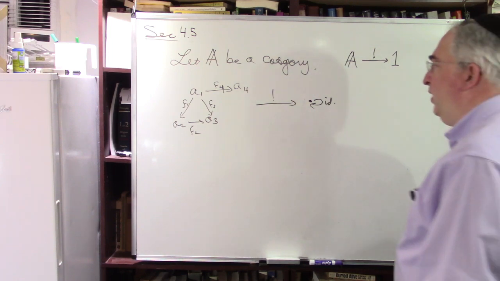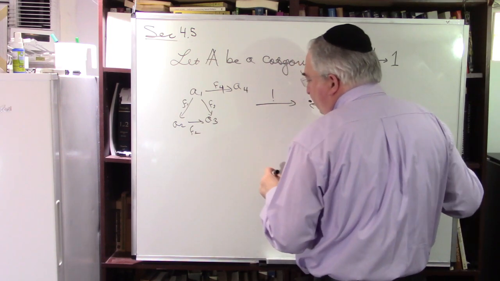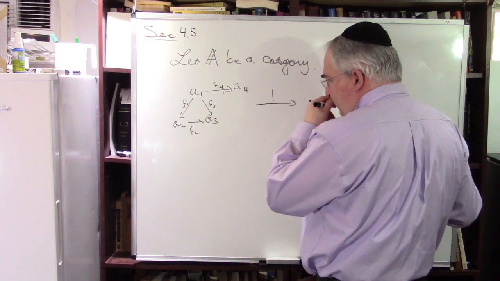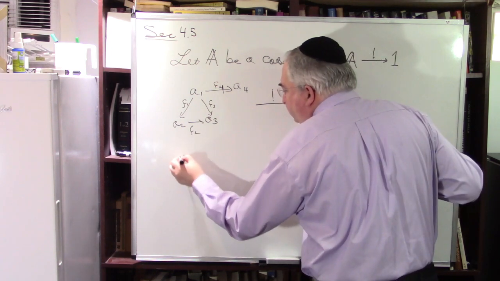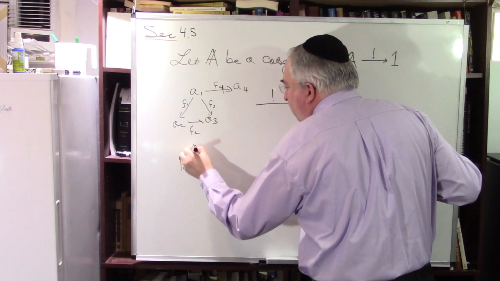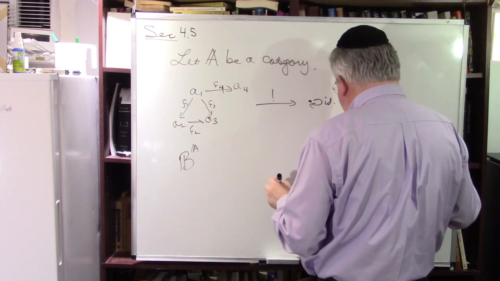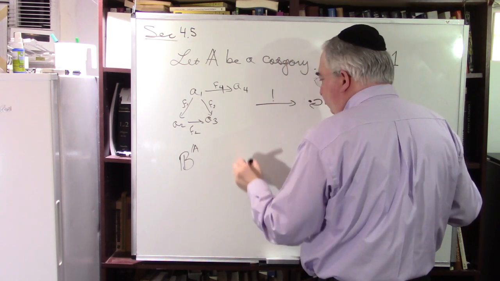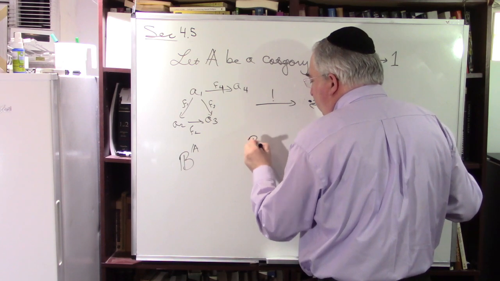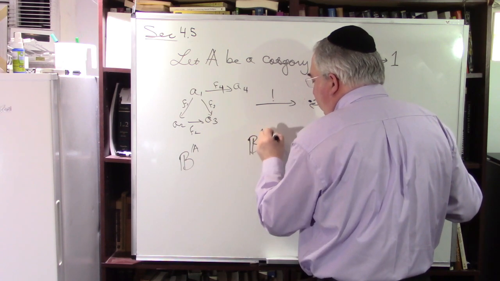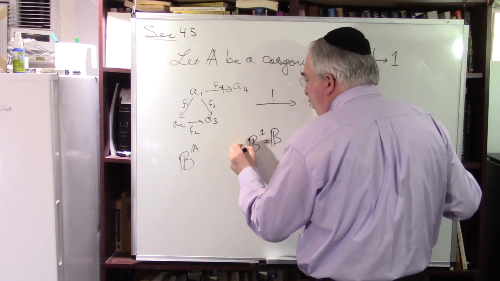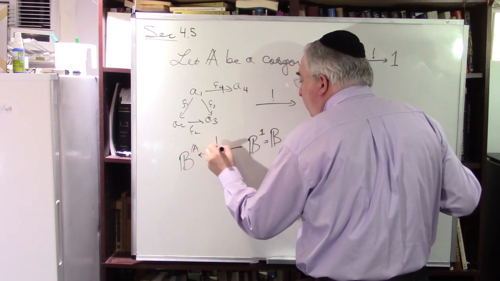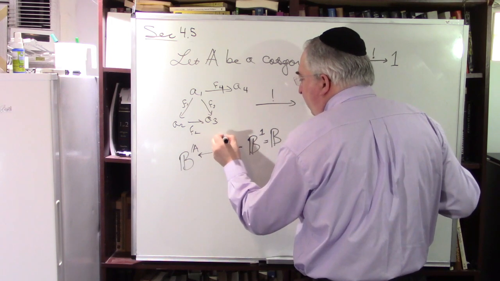Okay, but I want to look at B of A. Here's B of 1, which is another way of saying B. Okay, and I want to do bang upper star.